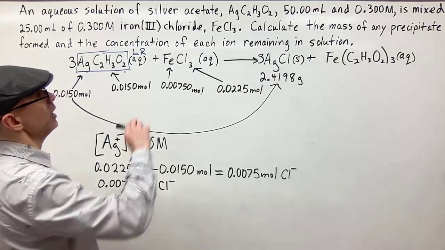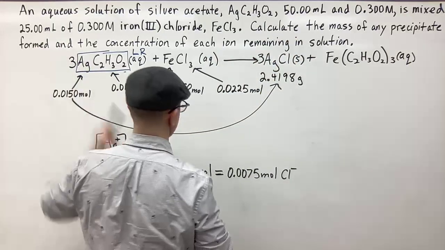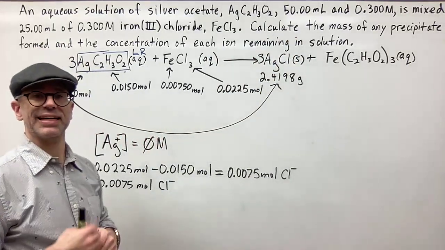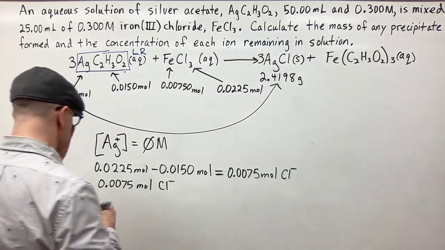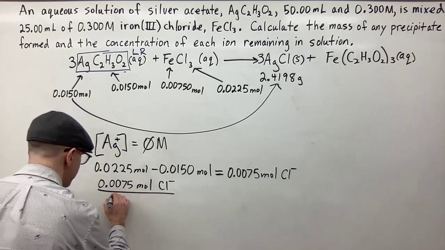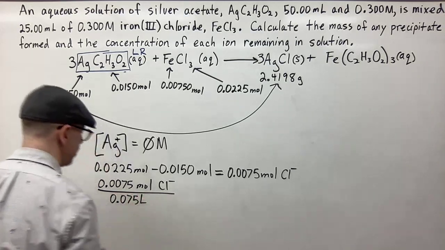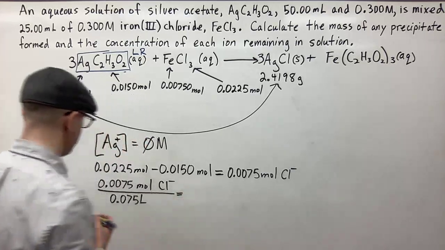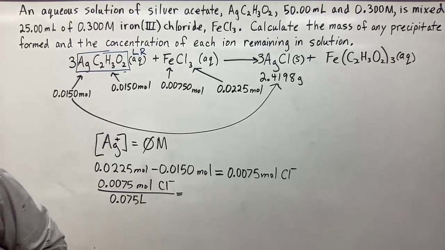If you remember, when we add 50 milliliters to 25 milliliters, that was 75 milliliters, and that's the same as 0.075 liters. So if I take the moles, divide that by 0.075 liters, I get 0.100.